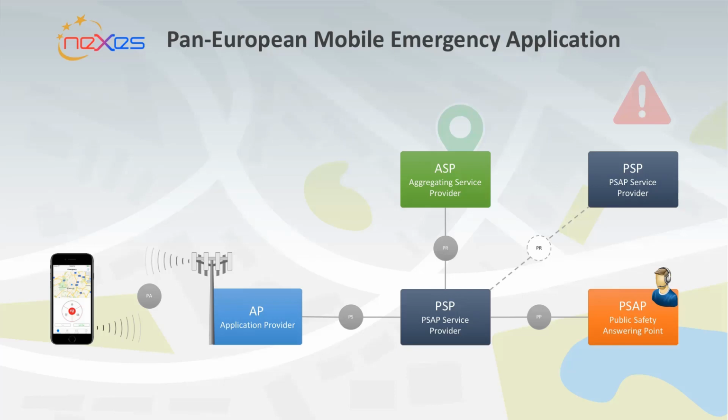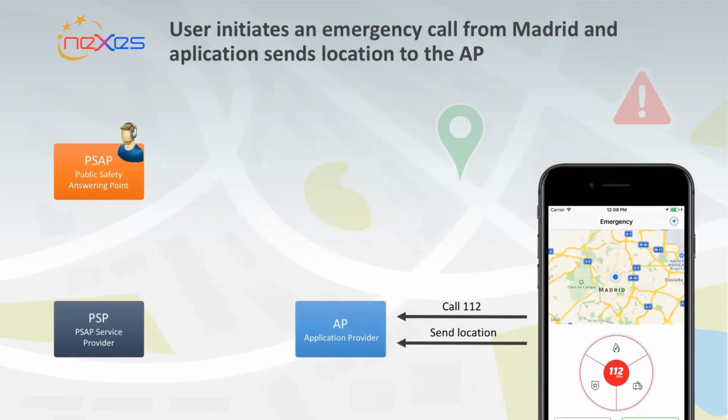Pemea defines 5 functional entities: the application or app running on the smart device, the application provider, AP, that links the app to the Pemea network, the PSAP service provider, PSP, that insulates the PSAP from the Pemea network and routes messages not meant for the local PSAP, the PSAP that answers emergency calls and uses the provided information to ensure that the right help arrives in the right place quickly, the aggregating service provider, ASP, that provides an interconnection function between PSPs across Europe.